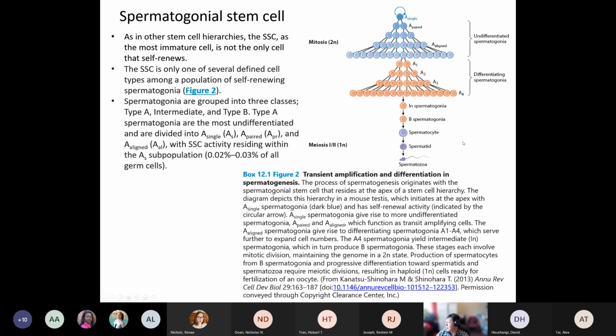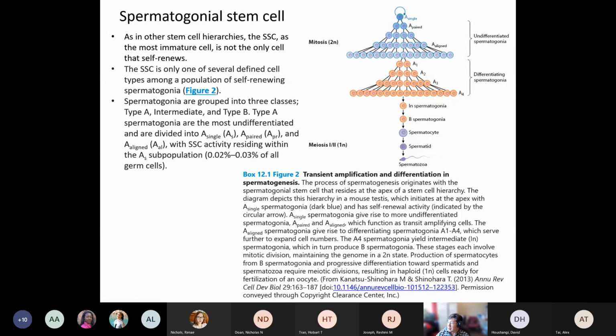So here we illustrate the different cell types within the spermatogonia. Those cells are indicated by either blue or orange at the top of the illustration. Later on, you have spermatocytes, spermatids, and spermatozoa, and those are not considered stem cells any longer. Here, the cells can be grouped into three classes: type A, intermediate, and type B spermatogonia.